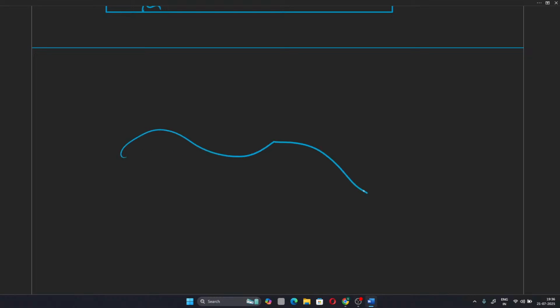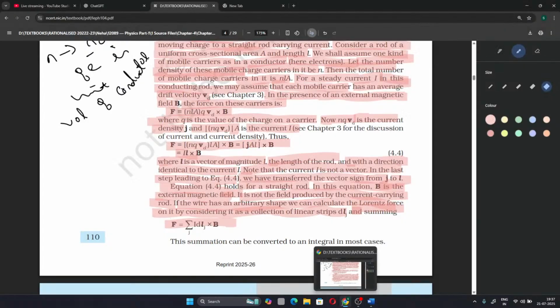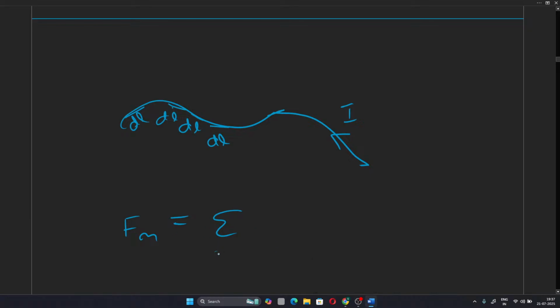If there is a wire of a shape like this, and this is the current, then we consider it as linear dl tangential strips like this, and we take the summation: F magnetic equals the summation of I dl times the B vector.